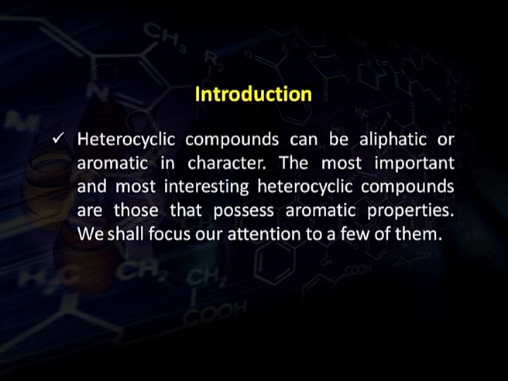On the basis of their characteristics, heterocyclic compounds can be divided into aliphatic or aromatic. Aliphatic heterocyclic compounds are those which have rings but are aliphatic in nature, while aromatic compounds are those whose rings possess aromatic characteristics. The most important and most interesting heterocyclic compounds are those that possess aromatic properties. So, we shall focus our attention on a few of them.